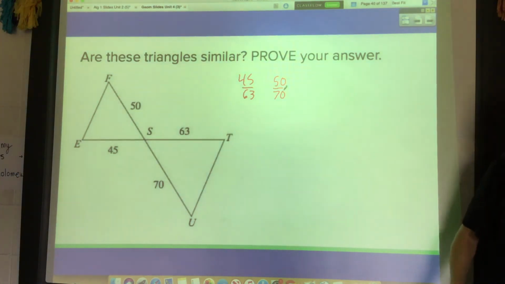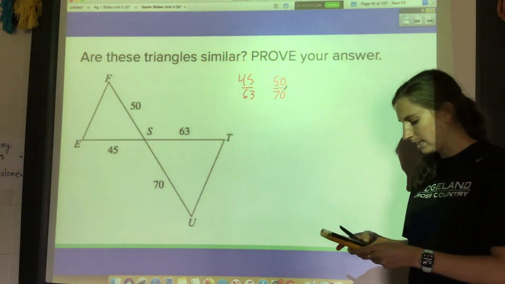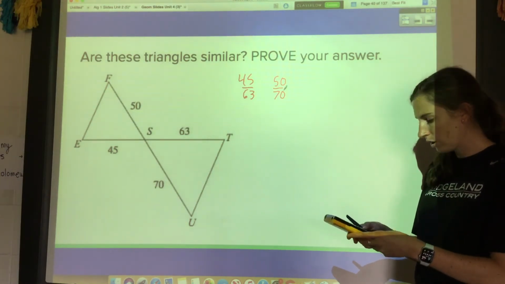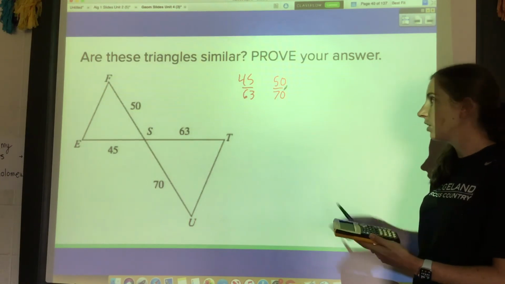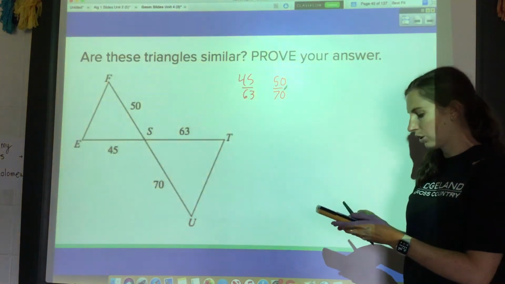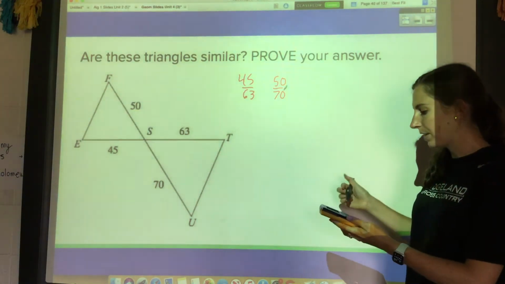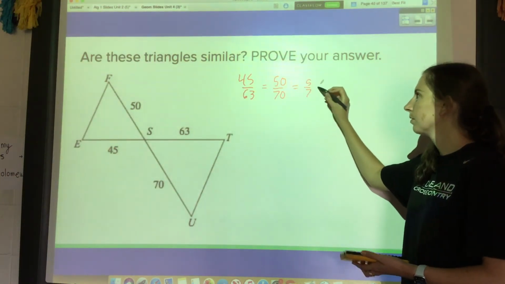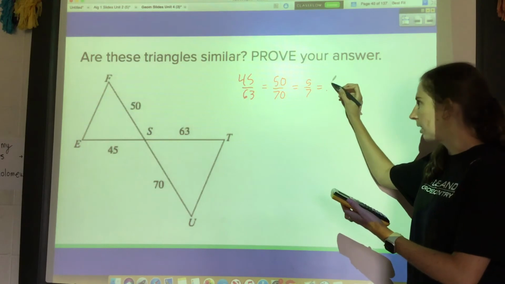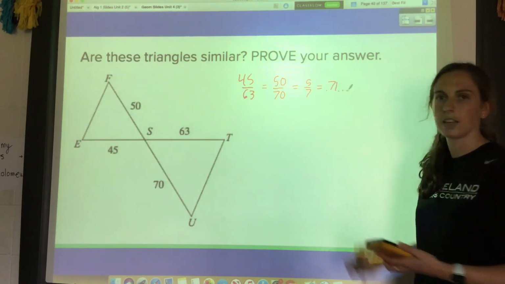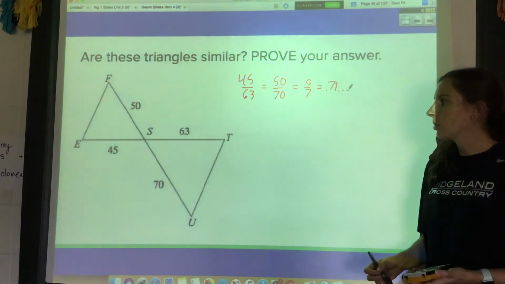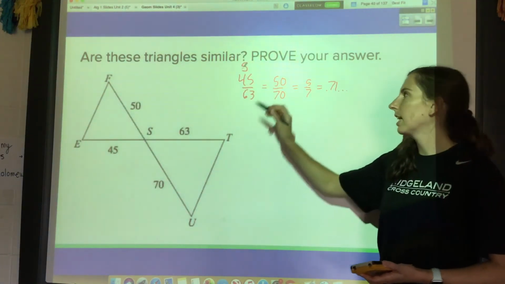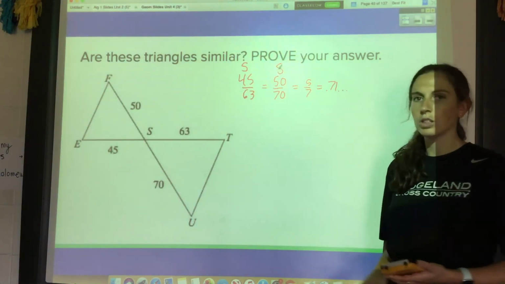If you divide it, 45 divided by 63 is 7.1-ish, and 50 divided by 70 is also 7.1-ish. If you simplify the fraction, it's 5/7. Sorry, 0.71, not 7.1.